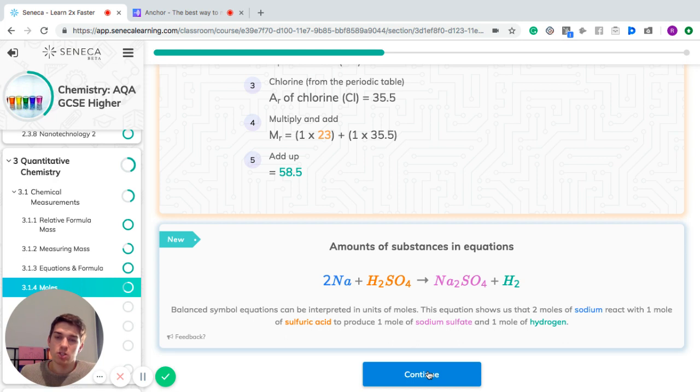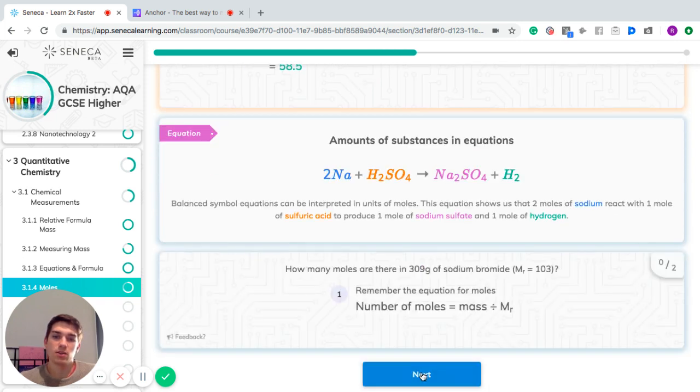And it produces 1 mole of sodium sulfate and 1 mole of hydrogen, because we've got no number before the Na2SO4 or the H2. So we know that 2 moles of sodium plus 1 mole of sulfuric acid will produce 1 mole of sodium sulfate and 1 mole of hydrogen.